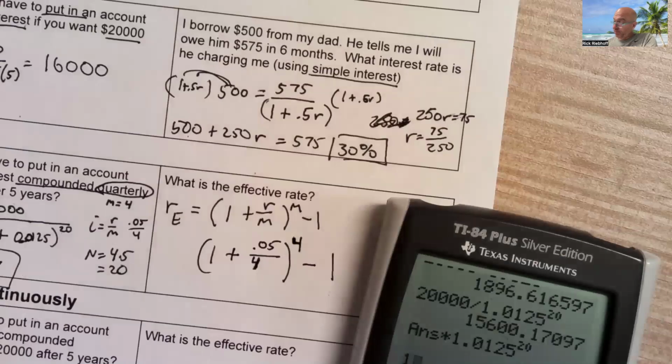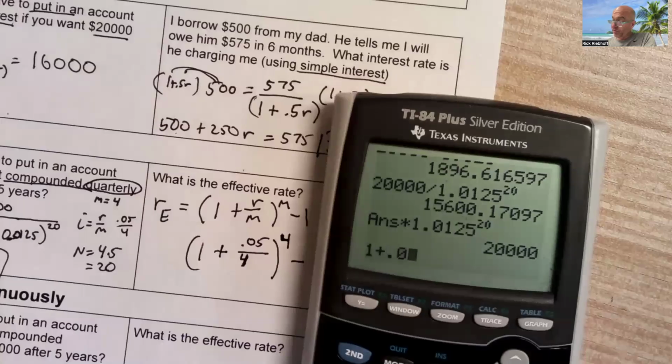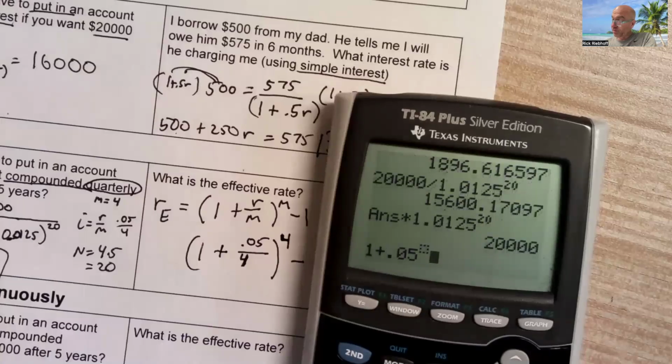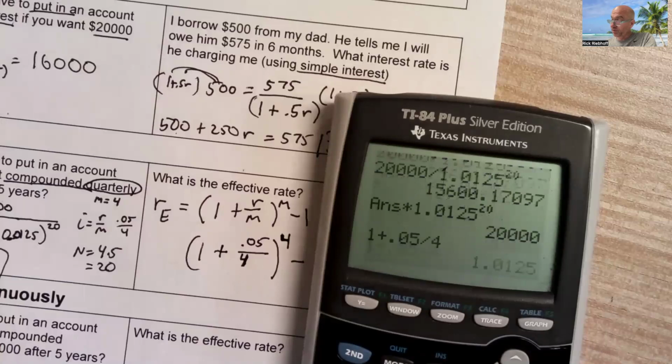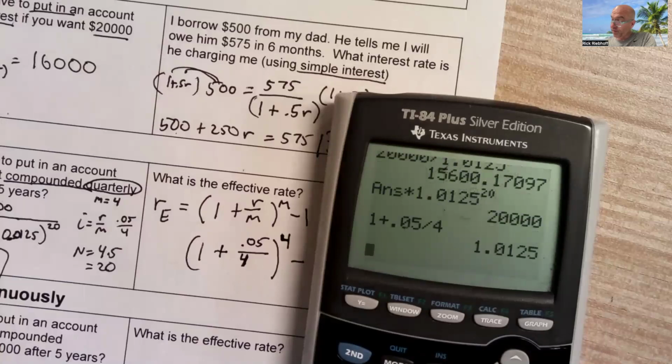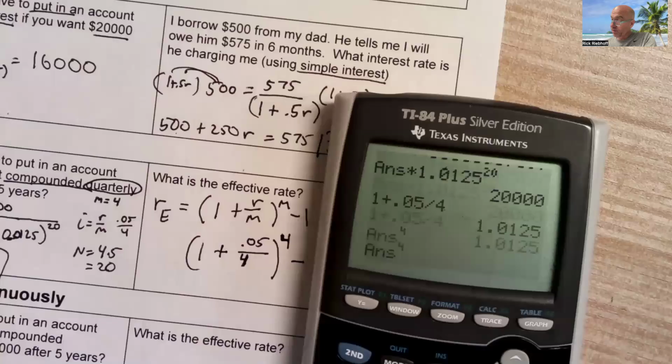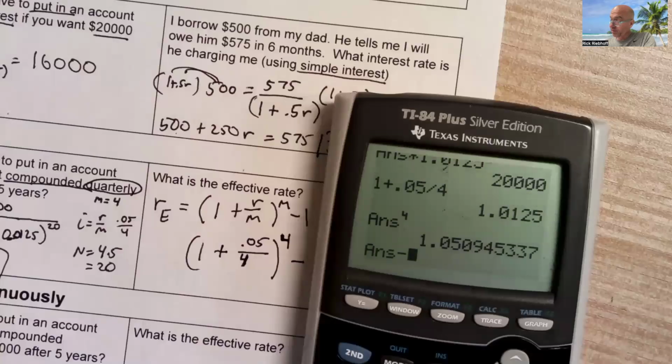1 plus 0.05 divided by 4 equals, we're going to raise that to the 4th, and then we're going to subtract 1.